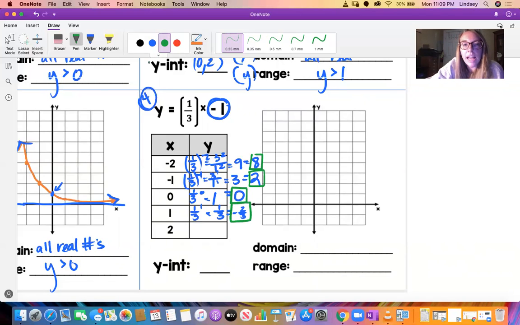All right, and last we have 1/3 squared, which is going to be 1 squared over 3 squared, which is going to be 1/9. Minus 1 is going to be -8/9.